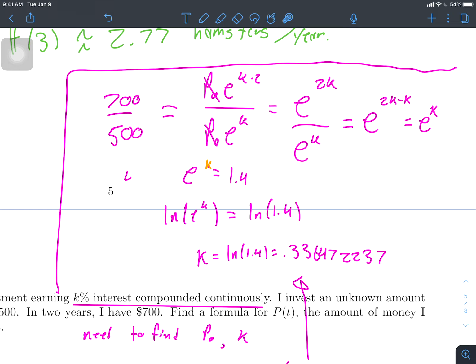So I get e to the k is equal to 700 divided by 500, which is 1.4. If I take the natural log on both sides, I can find out that k is just this crazy decimal. This is what I get when I do the natural log of 1.4 on my calculator. So ln of e to the k is just k.